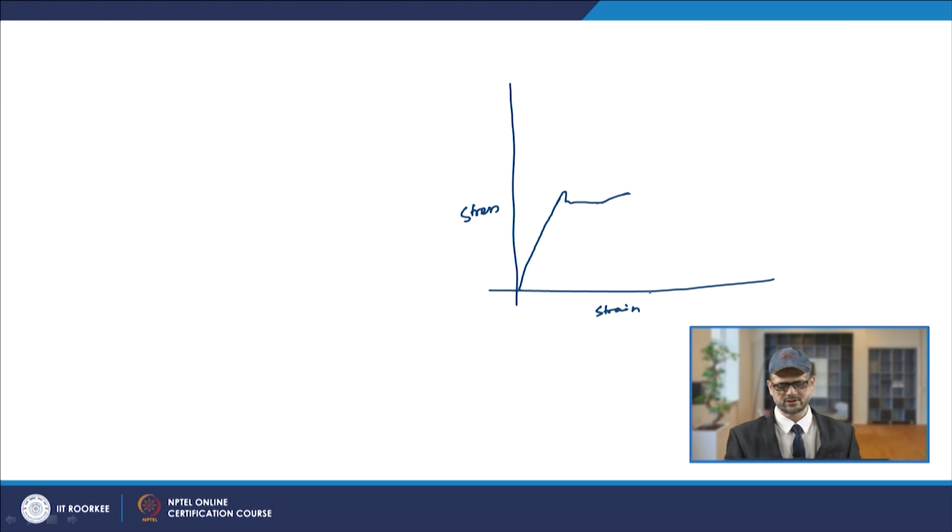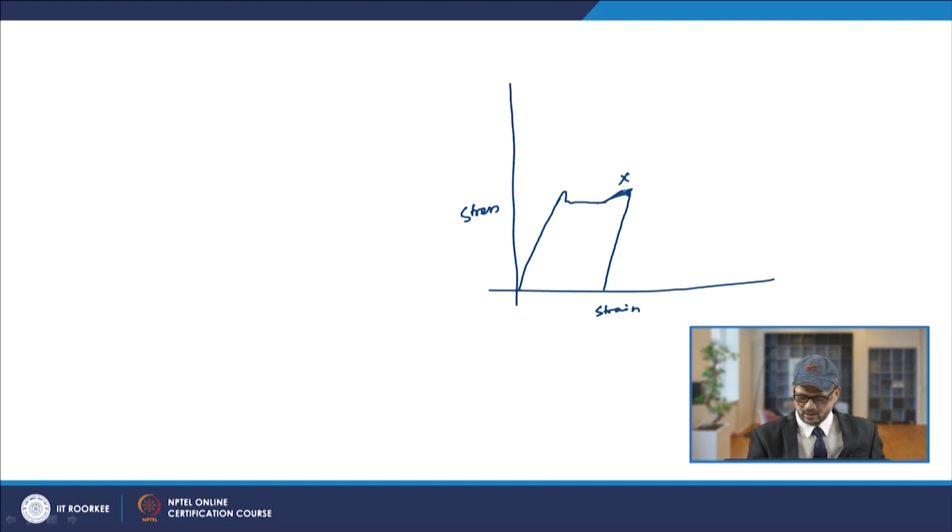So, this specimen is plastically strained through the yield point elongation, and initially it is strained to, suppose, point X. After the yield point we have strained to point X, and then the specimen is unloaded. Now we try to reload it.